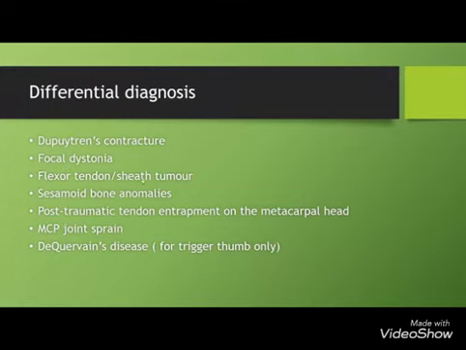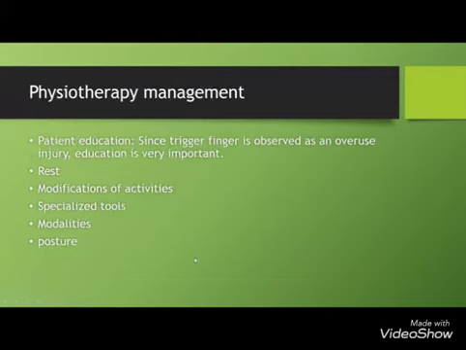Flexor tendon or sheath tumor, sesamoid bone anomalies, any congenital anomalies, post-traumatic tendon entrapment or metacarpal head entrapment, or metacarpophalangeal joint sprain, or Dupuytren disease, especially when there is trigger thumb. Then we can rule out Dupuytren disease if there is trigger thumb.